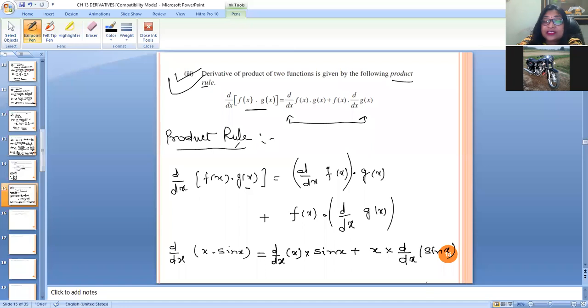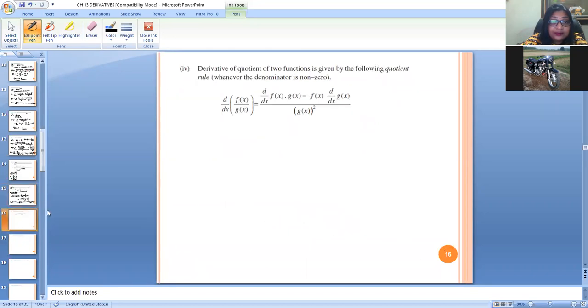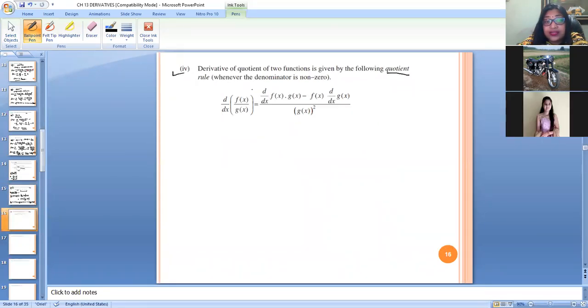You will apply the first principle and find the derivative of sin x. Then you will put the values and you will get the answer. So we will be doing questions related to the same onwards. Next is the quotient rule. This rule is also very, very important. You need to do a lot of practice on these two concepts, the product rule and the quotient rule. Then you will start enjoying these questions.